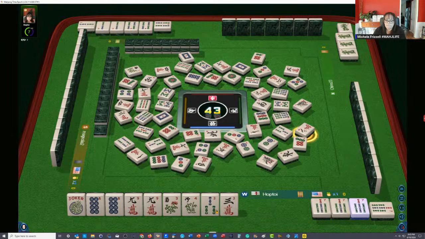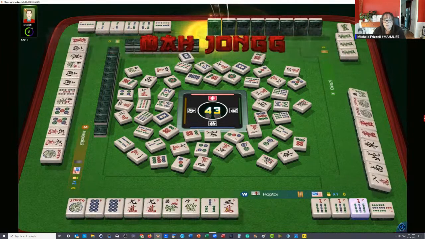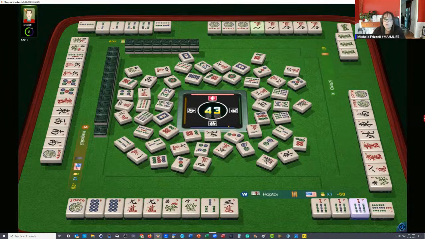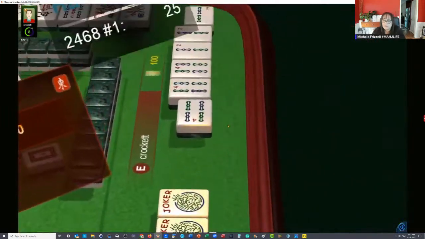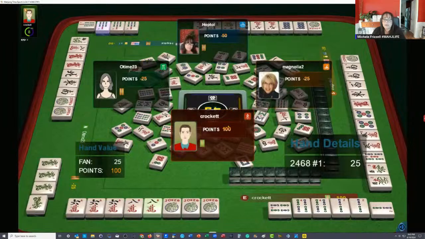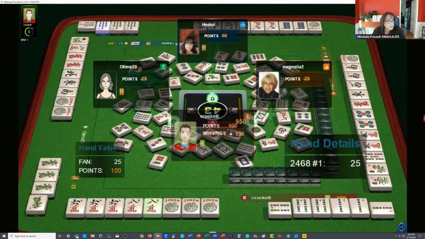8 characters. We're at 43 tiles, so we need to start. Mahjong. Oh, that was their, yeah, I kind of knew that, but we're still in the middle game. So I don't feel bad about discarding that tile. They were ready early. So good for them. So let's see.